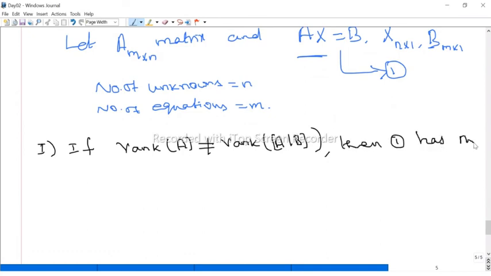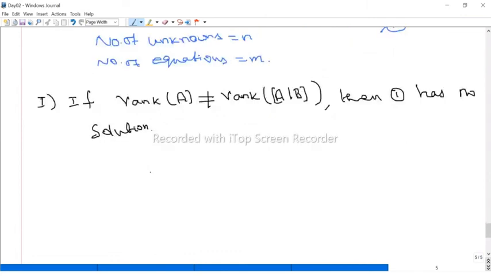If the ranks are different, the system has no solution.